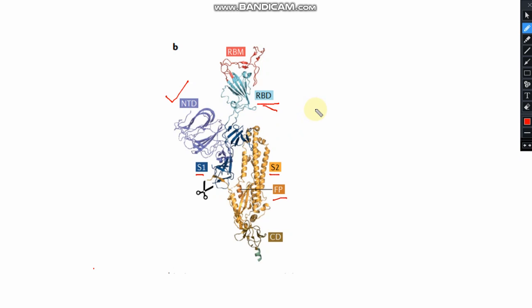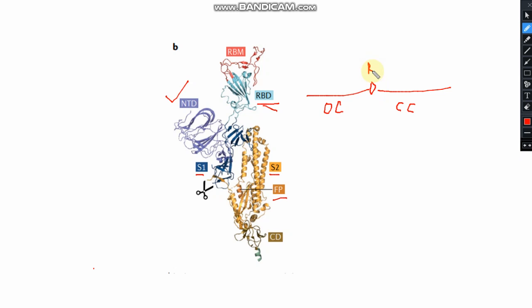So, precisely, there are conformational changes that occur in the spike protein, the closed conformation and the open conformation. In between there is a hinge-like movement, and in this part the RBD is raised.